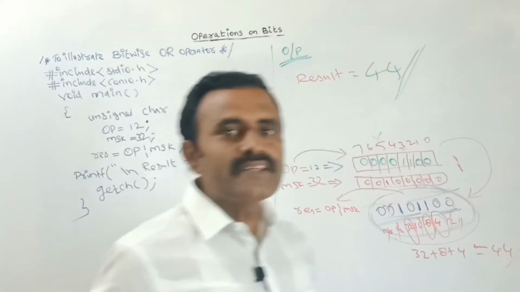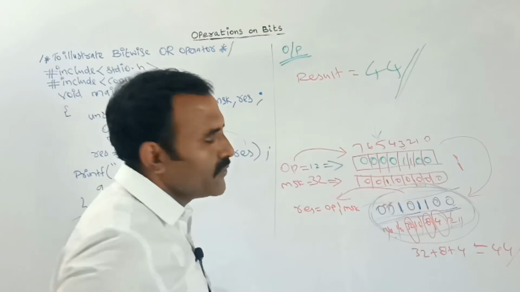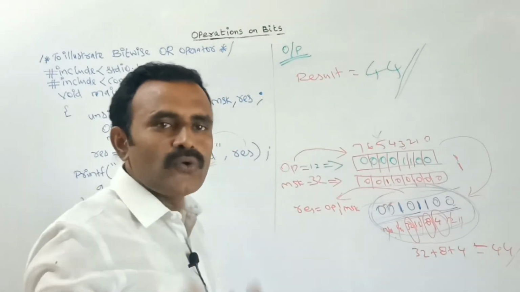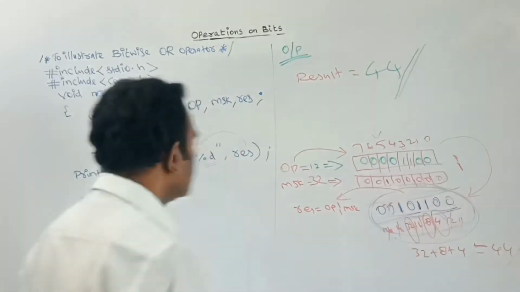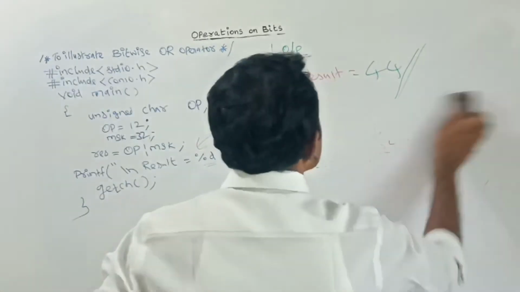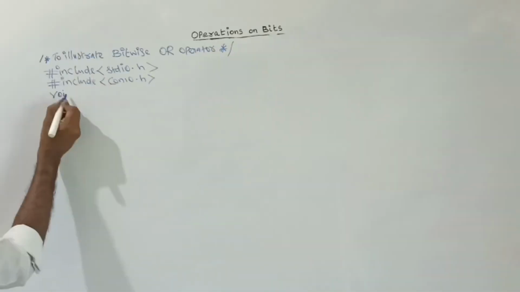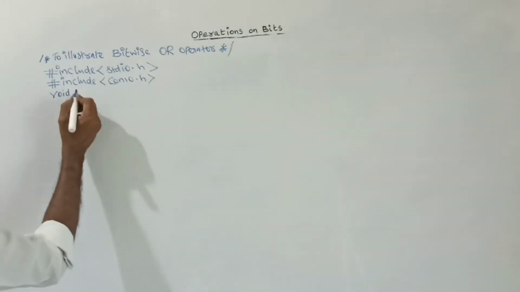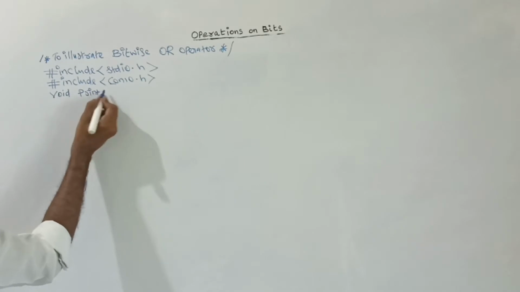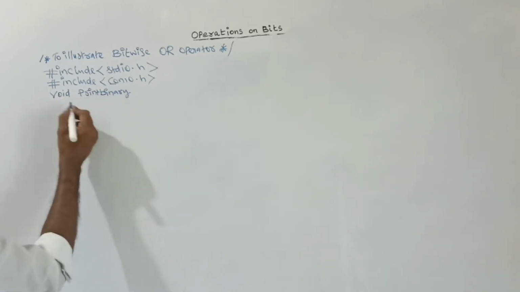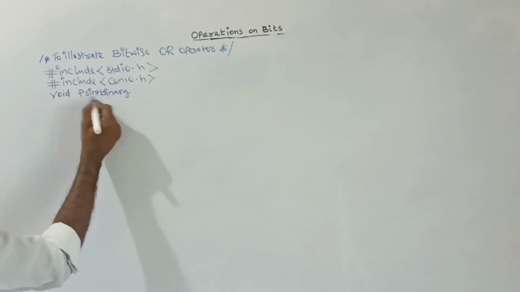If you want to print the binary value, then we should write the code. So now let us see how to print this binary value. Declaring here the user defined function, print binary. My user defined function name is print binary.